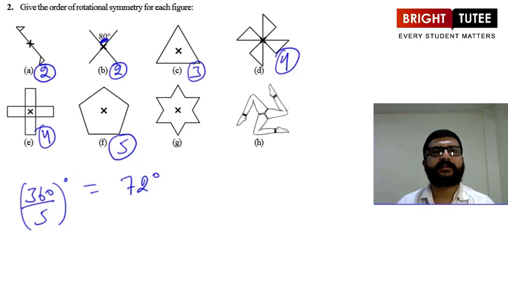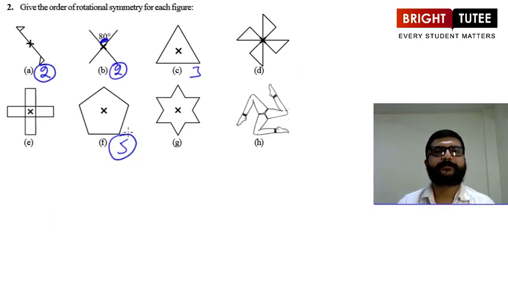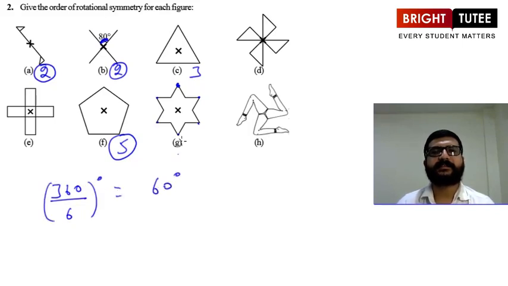Now let's move to the next part, which is the G part of this question. Here we have a star kind of thing. Let's count the corners we have. 1, 2, 3, 4, 5, 6. There are 6 corners. Now if we rotate this by 360 upon 6 degrees, that is 60 degrees, we are going to get the exactly same star or figure back.